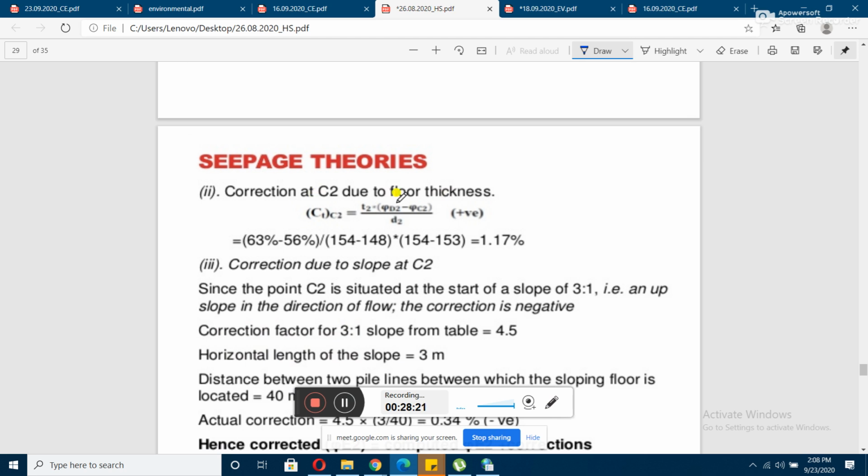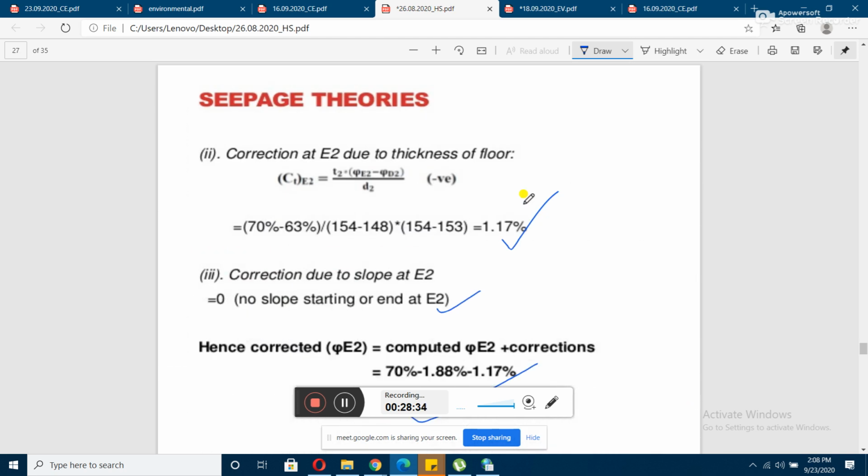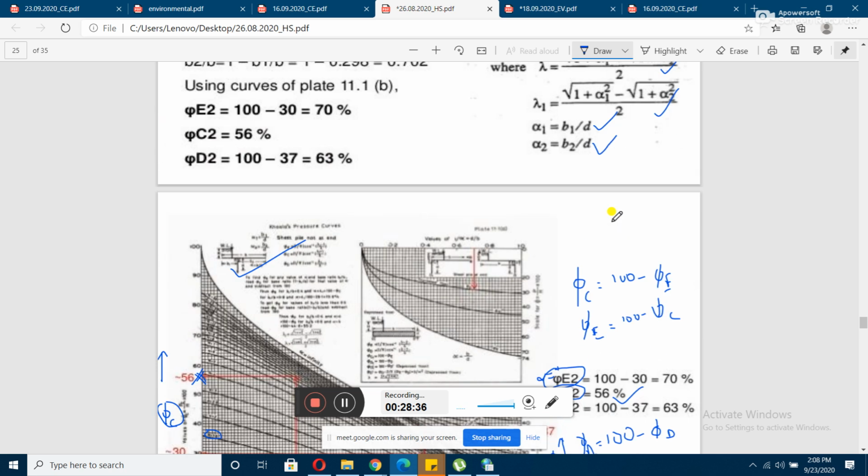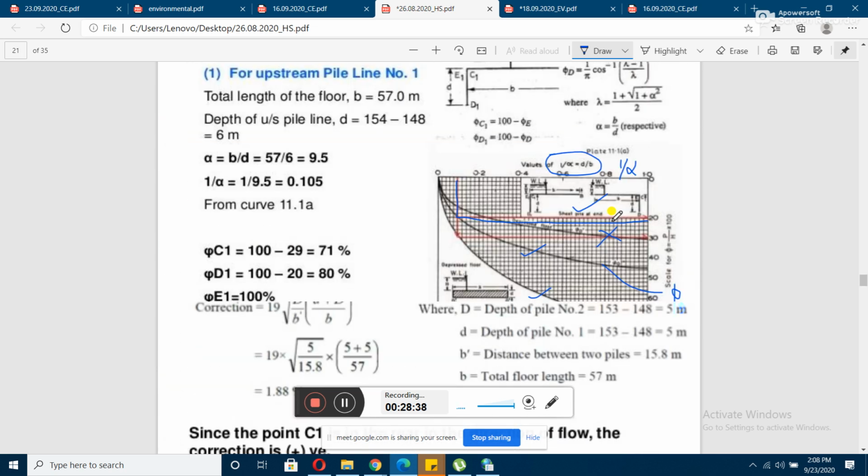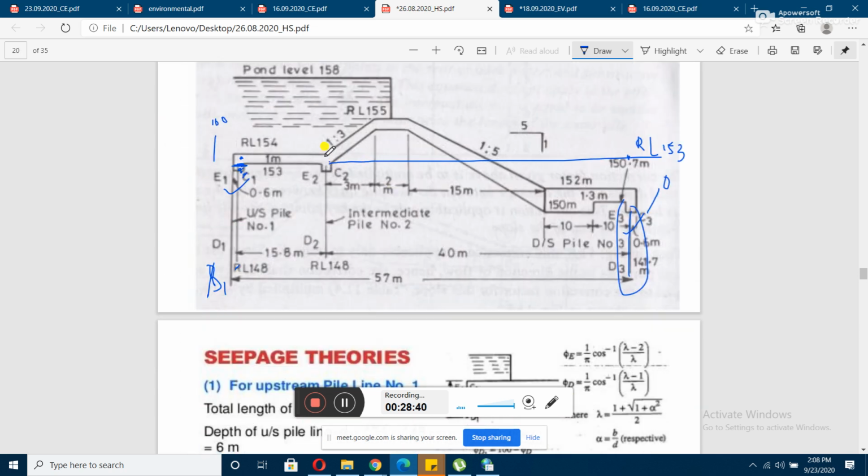Next part is due to the thickness of the floor. So how it will be, again done by unitary method, no need to mention that. You can see that here it will be a positive correction only, because if you look at this, just refer to the original diagram, here the pressure is found out to be something more than something less than this pressure.